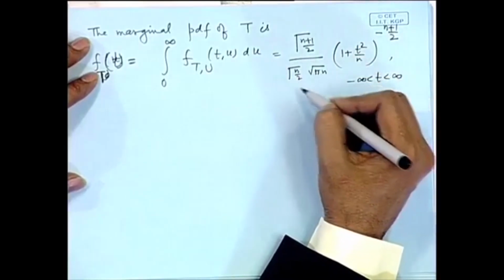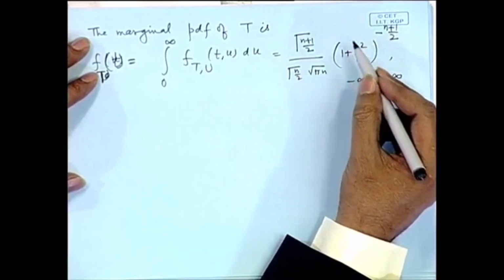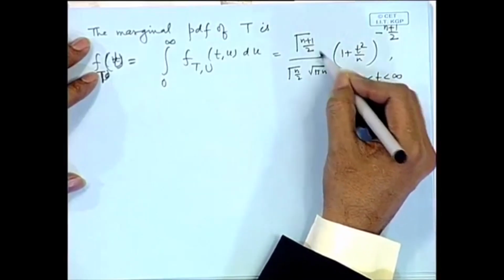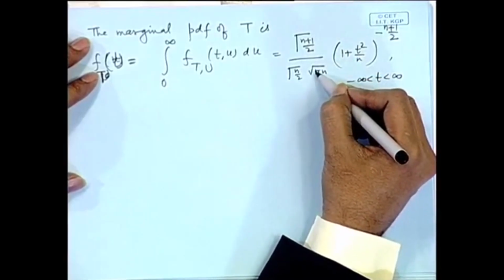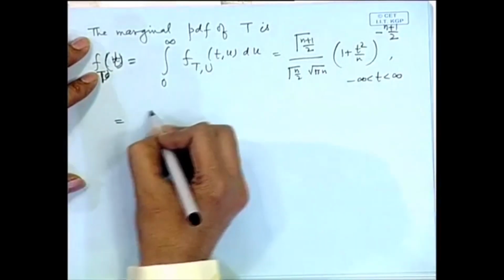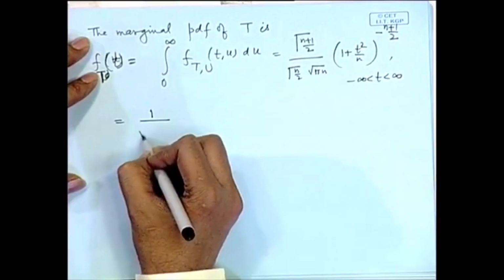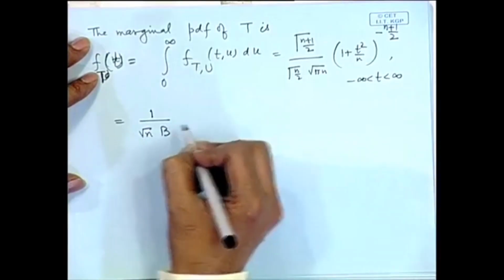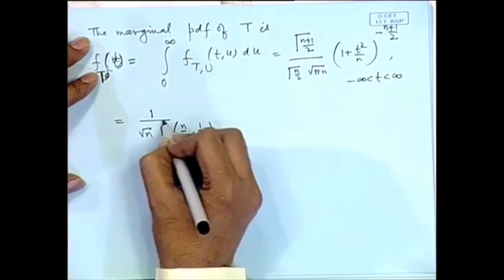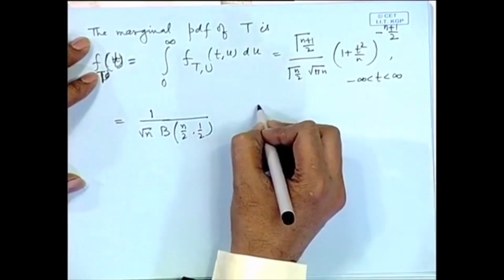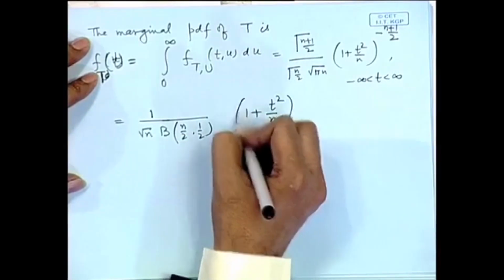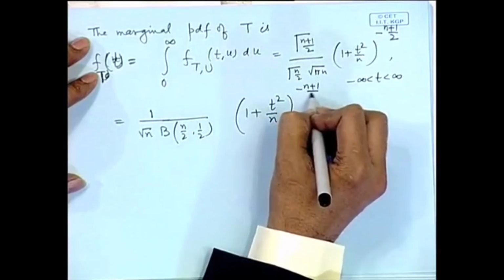So, this is the density of the t distribution on n degrees of freedom. This particular coefficient we can write in a slightly different way also, because root pi is gamma half. So, we can utilize the beta function notation and it becomes 1 by root n beta (n by 2, 1 by 2), and 1 plus t square by n to the power minus (n plus 1) by 2.